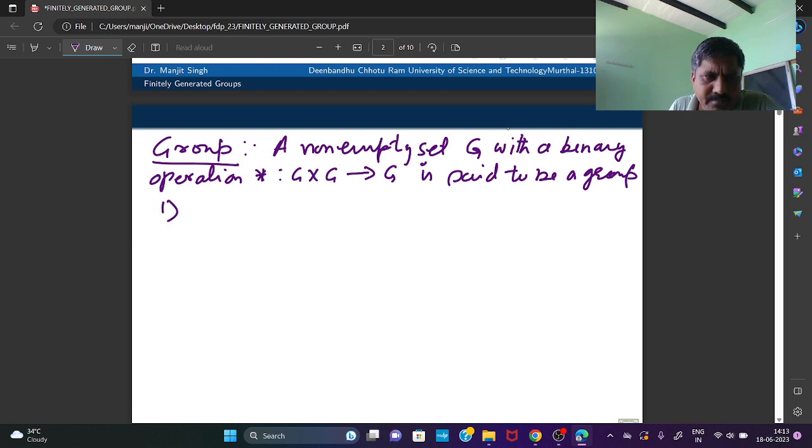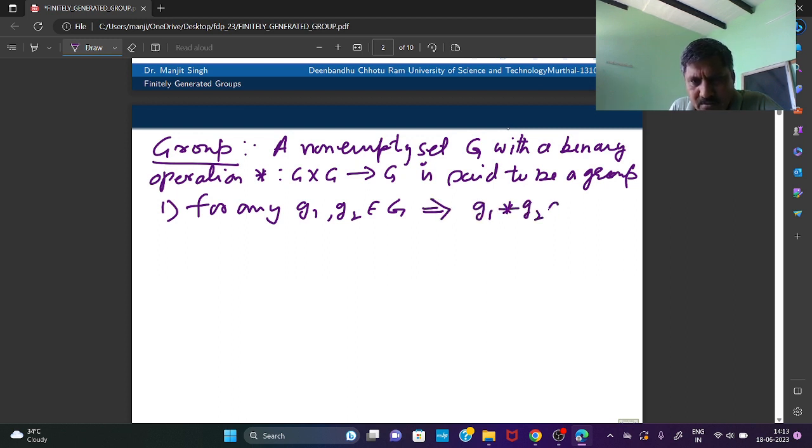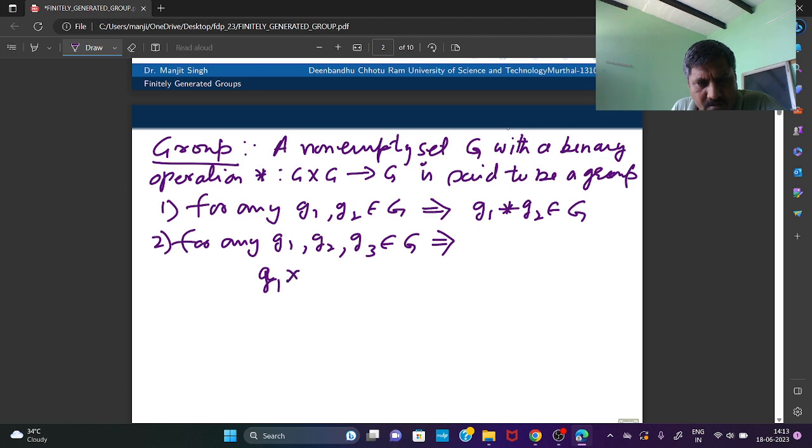First property: for any two elements g1, g2 belonging to G, g1 star g2 is also in G. This property is known as the closure property. Second property: for any three elements g1, g2, g3 in G, g1 operated with g2 and then the resulting element operated with g3 equals g2 operated with g3 and then g1 operated with the resulting element.